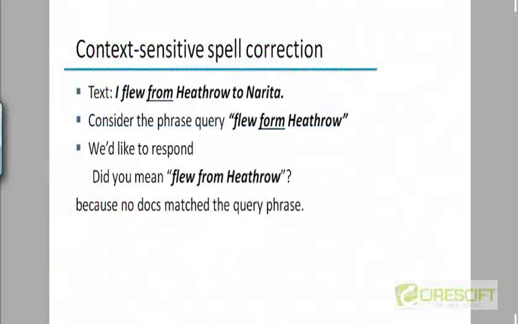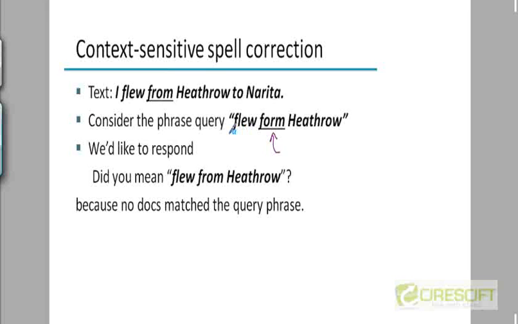So we are now going to move to the last part of this chapter, context sensitive spelling correction. Context sensitive spelling correction is going to detect spelling errors of this form, where each word is spelled correctly, but instead of the query being "flew from Heathrow", it's going to be "flu form Heathrow".